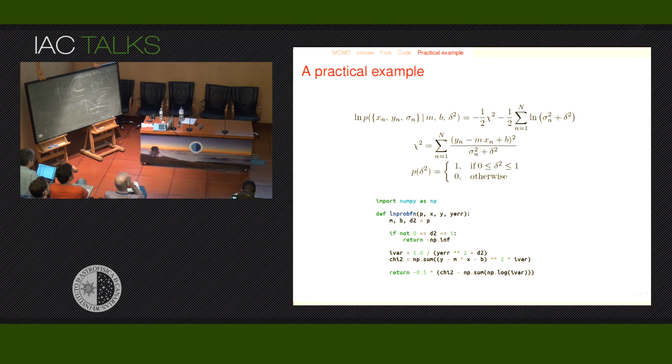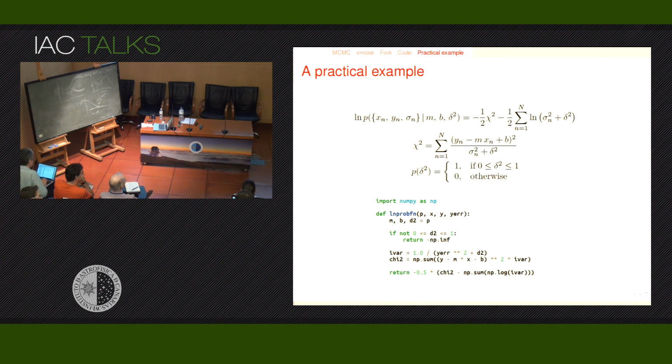So we want P of the set of y's given m, b, and delta squared. We said it's a product of Gaussians with a mean of m x_i plus b and a variance of sigma_i squared plus delta squared.